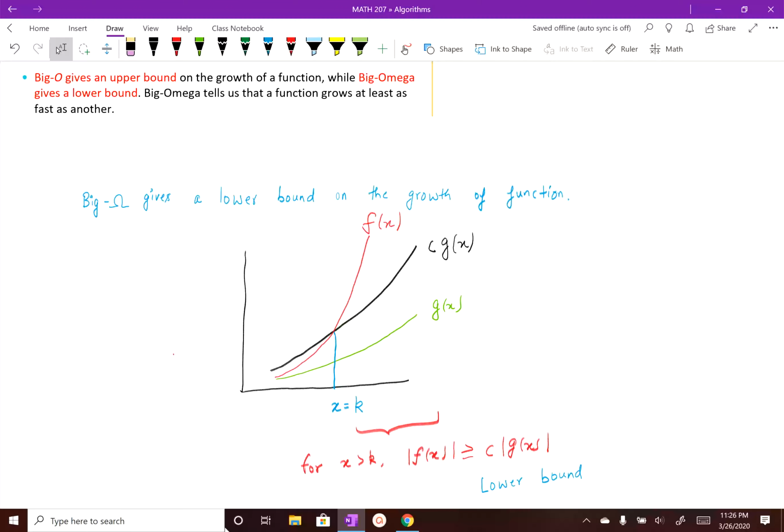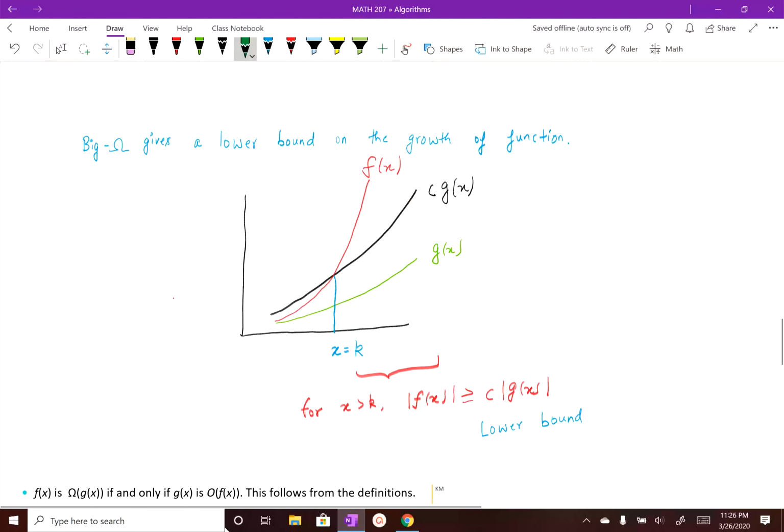So if you remember, big O gives an upper bound on the growth of a function, while big omega gives a lower bound on the growth of the function, which we can understand through this figure.